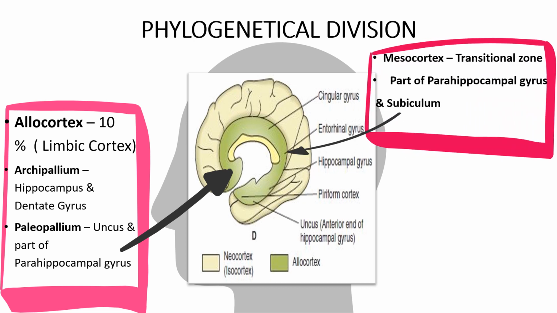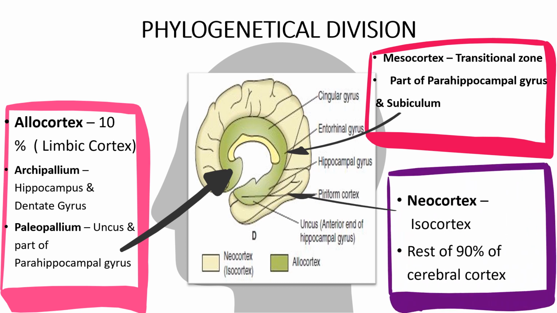And then mesocortex. Here it is the transitional zone between the allocortex and the neocortex. Here it comprises the cingulate gyrus and part of the parahippocampal gyrus and the subiculum. And then finally the neocortex. This is also called an isocortex, which comprises the rest of the 90% of the cerebral cortex in the human brain.